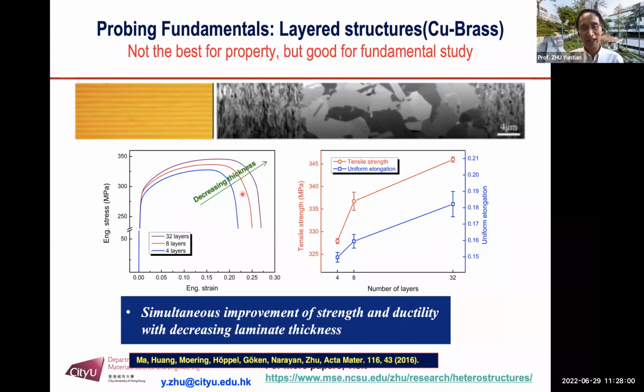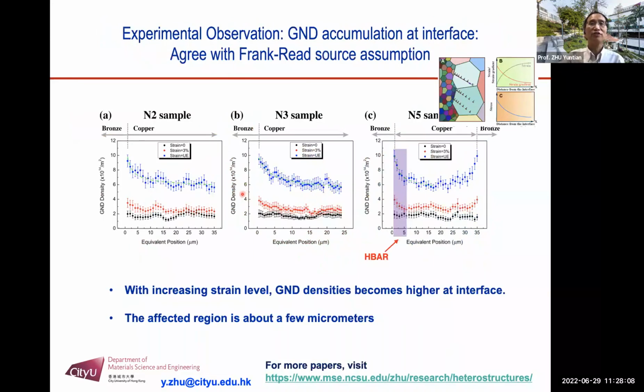Because this is the optimum interfacial spacing. Okay, before we go to optimum interfacial spacing, I need to introduce another concept, called H bar. H bar is the heteroboundary affected region.